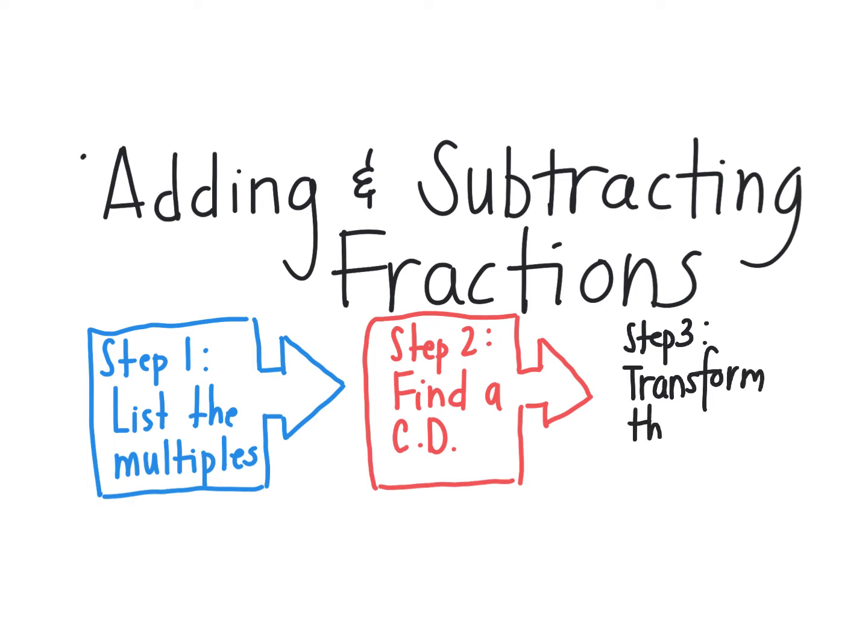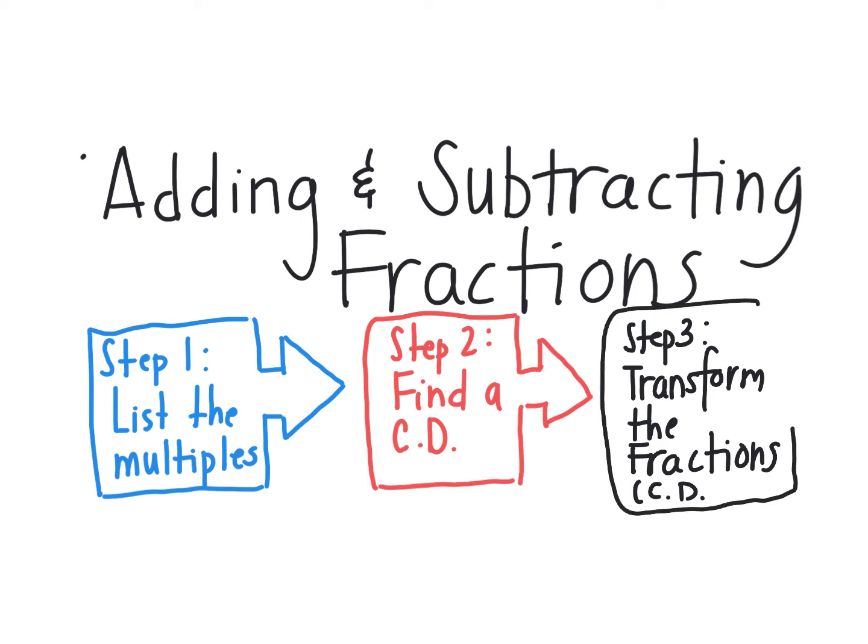So remember when we would change the denominator and the numerator? Okay, that's because you want a common denominator. Okay, so you're going to transform them. Okay, that's the next step. We're transforming them. We're multiplying the top and bottom. Right, so we should be multiplying top and bottom. This is where you multiply.